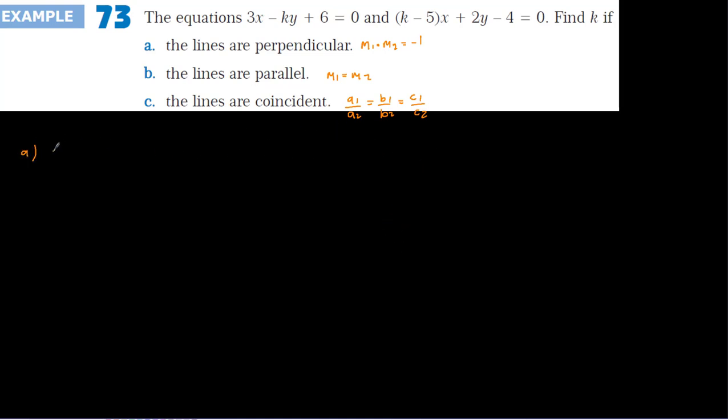Lines are perpendicular. Also we know that the slope is equal to minus A over B for AX plus BY plus C is equal to 0, which means that minus A over B for M1. M1 is equal to 3 over minus 3 over minus K, and M2 is equal to K minus 5 over minus 2.